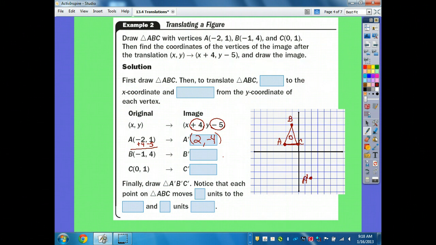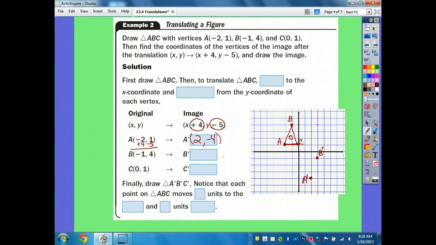Or I also know that from each point, let's go to B and go plus 4. So that means how many? 4 to the what? Plus 4 is to the right. So 1, 2, 3, 4 to the right. And then minus 5, is that up or down 5? 1, 2, 3, 4, 5. There's my new B, so it gets the apostrophe.